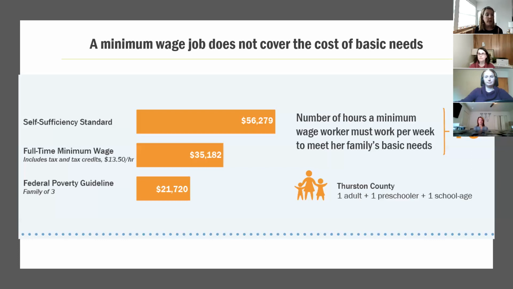If that adult is working a full-time minimum wage job, they are looking at a wage inadequacy of over $21,000 a year. If that adult worked almost 2 full-time jobs, 79 hours per week, then they would be able to meet their basic needs. But that's more than 2 full-time jobs for a parent of 1 preschooler and 1 school-age child in Thurston County.